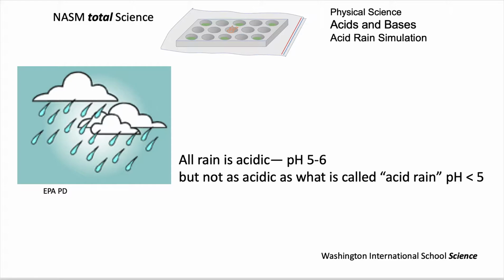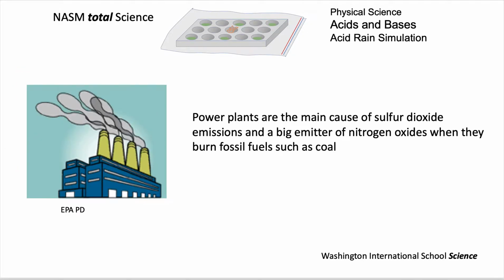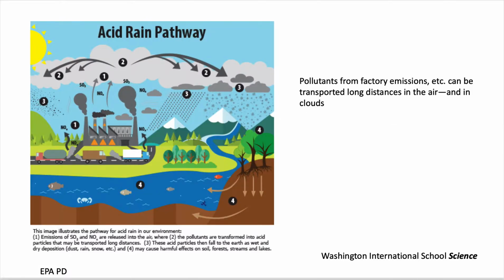The pH has dropped to close to 4 and caused by factory emissions, sulfur dioxide, but also nitrogen dioxides, and burning fossil fuels does this as well as vehicle emissions.